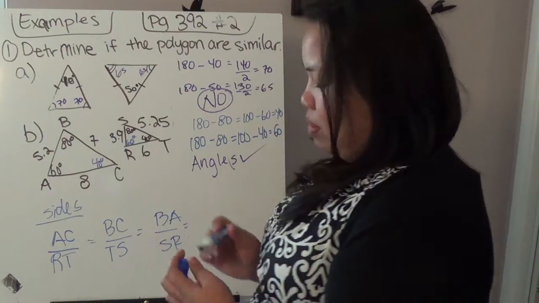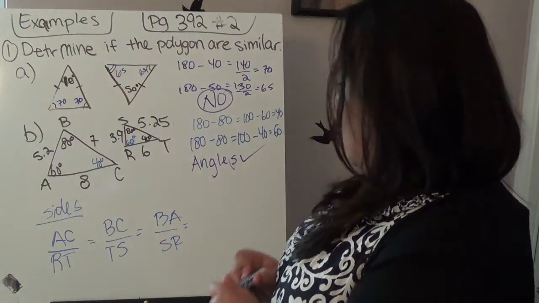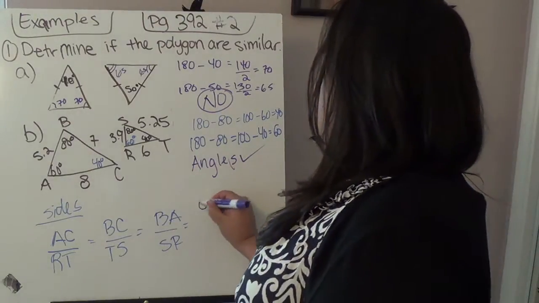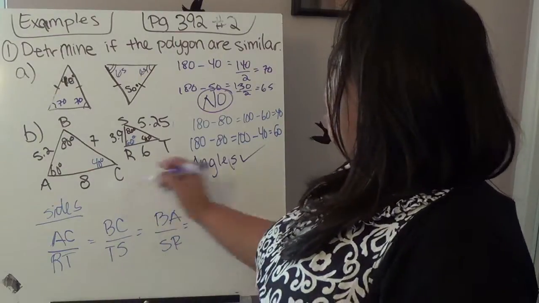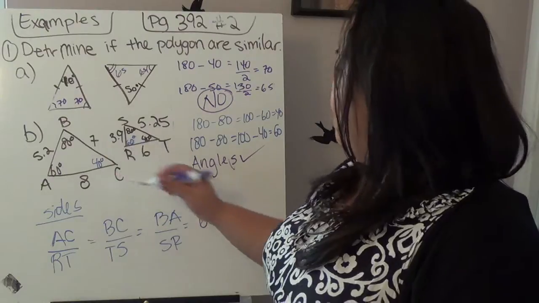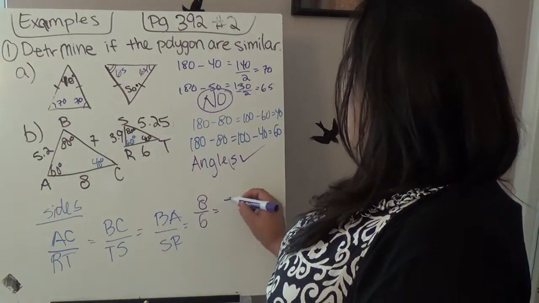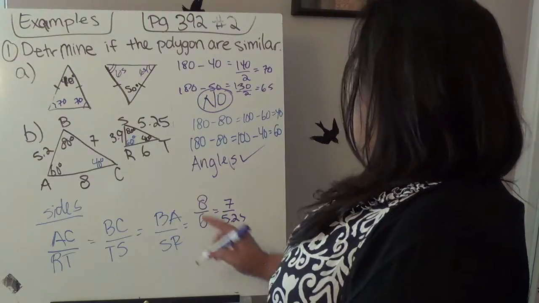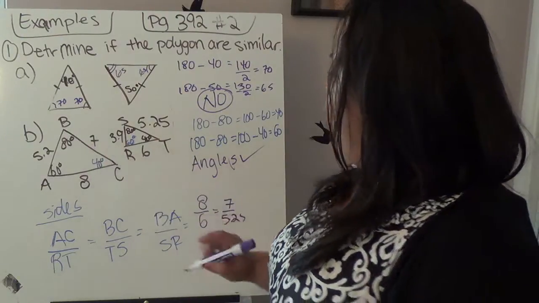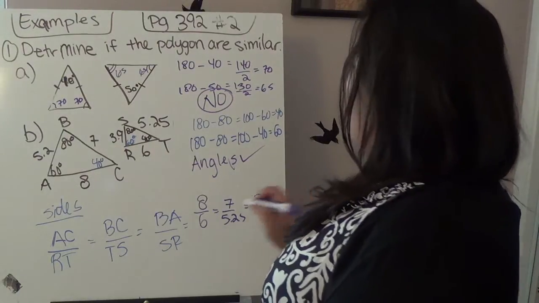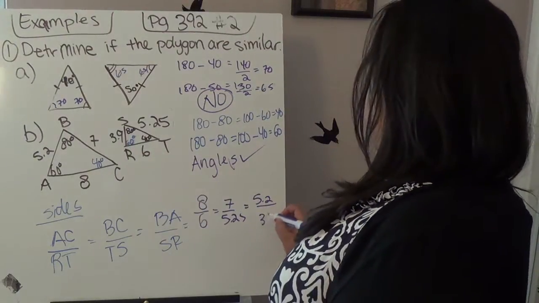So what I'm going to do is I'm going to find each number and plug it in. AC is 8 over RT, which is 6. BC is 7 over TS, which is 5.25. And then BA is 5.2 over 3.9.